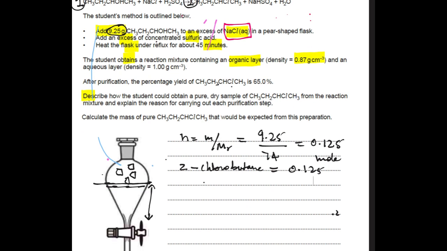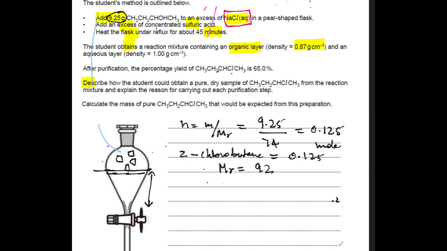Now find the Mr of chlorobutane, which is equal to 92.5. Then you can calculate the theoretical mass. The mass that you will obtain will be equal to number of moles times the Mr, which is 0.125 times 92.5, and that gives you 11.56 gram.